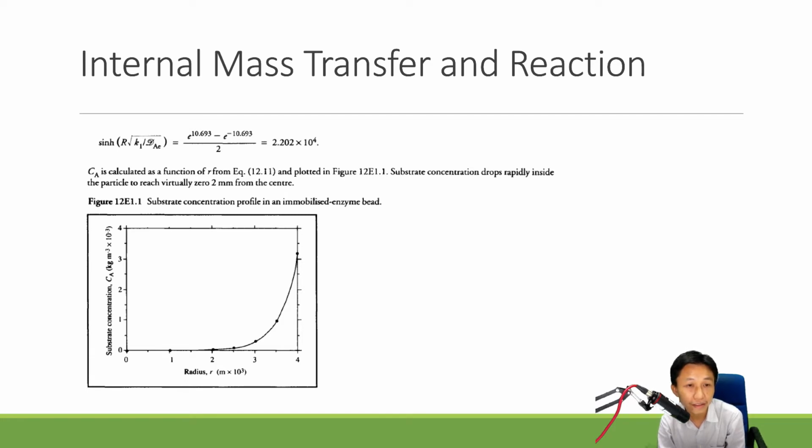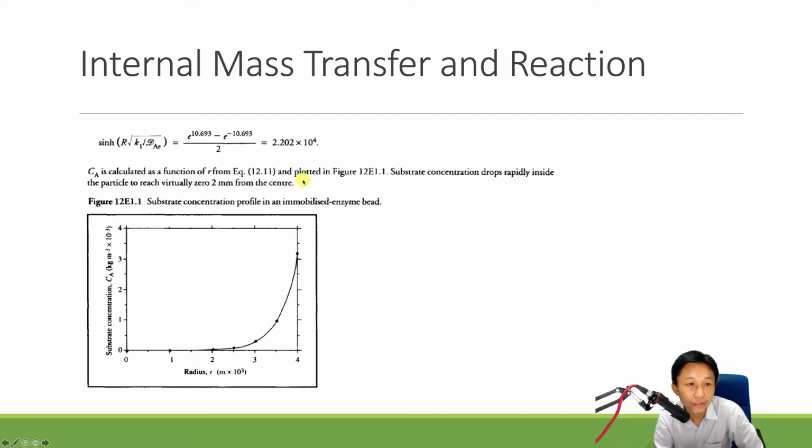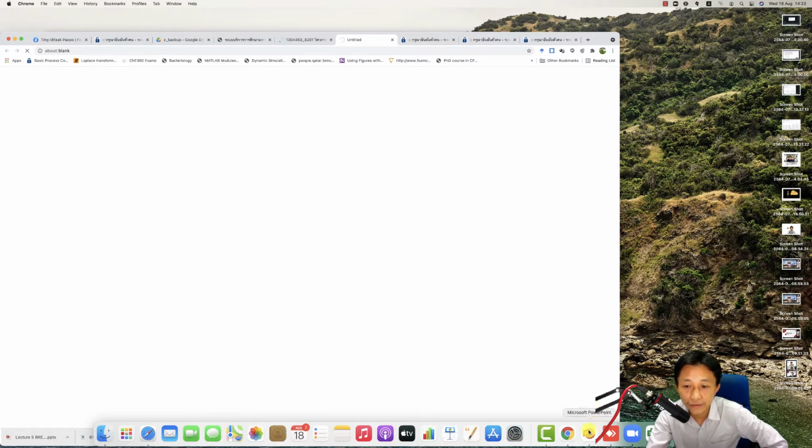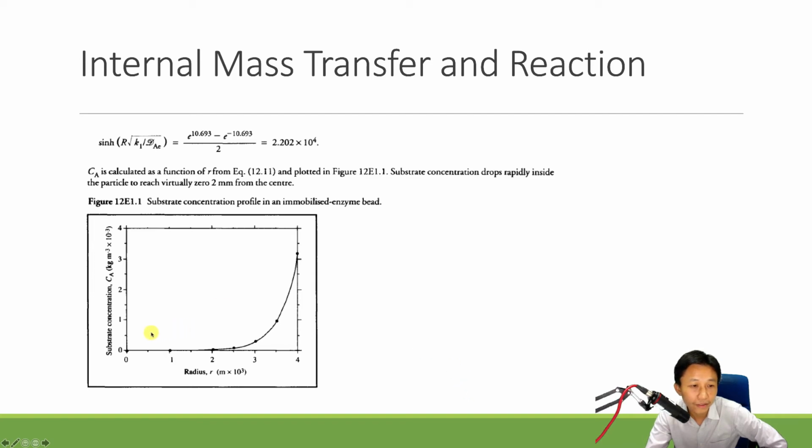And then we have CA equal to this one. This is the definition of hyperbolic sine. So we calculate this, and then we have the equation. We need to have a look at the text, so we can plot this.